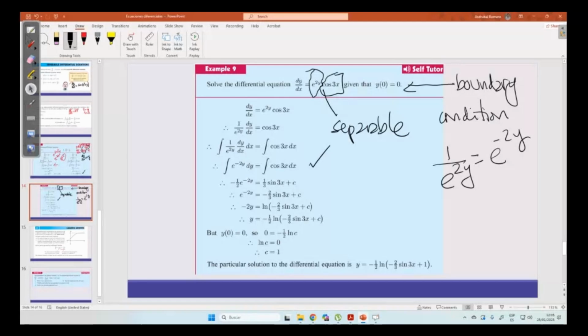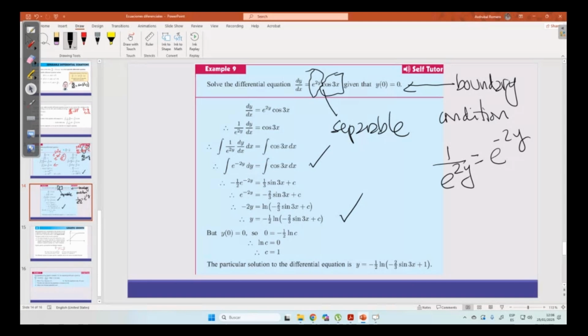And then you isolate, and then you apply the natural logarithm to isolate y, and then you solve, and you get this horrendous equation. It's minus 1/2 natural logarithm of minus 2 over 3 multiplied by sine 3x plus c.